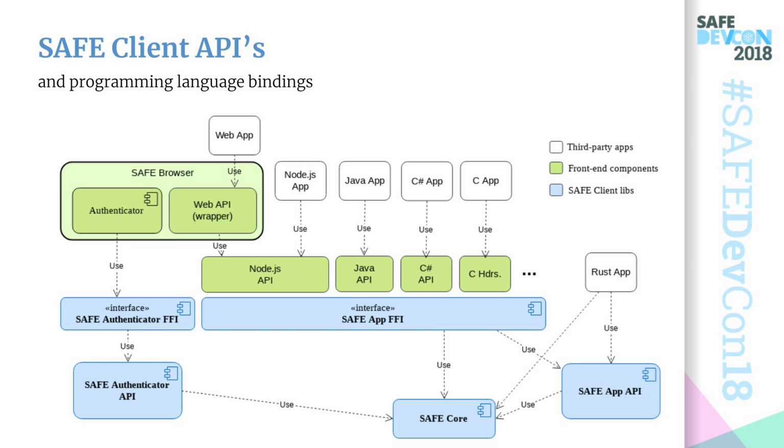So all the blue boxes at the bottom are part of the Safe Client libraries, and those are the ones that really connect to the network and provide an abstraction layer for accessing the different data types or doing all the things that we need for the authenticator and so on. And then we use the FFI layer exposed by it to create our bindings.